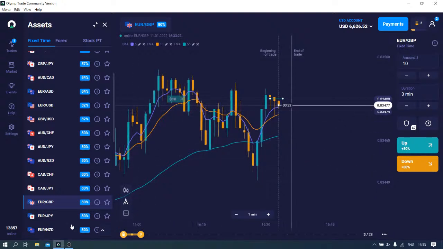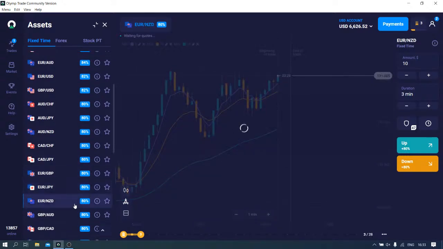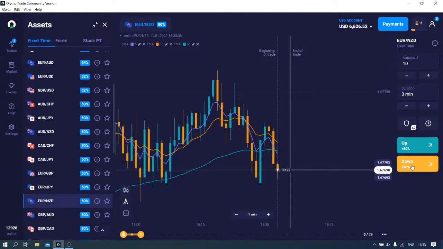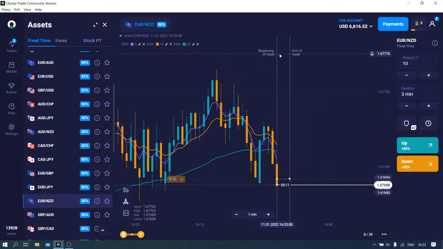All right. Let's switch to other assets, and euro against the New Zealand dollar looks, well, not so good, but let me try it. I'll open a deal in a downward direction on this asset, see how it will go.